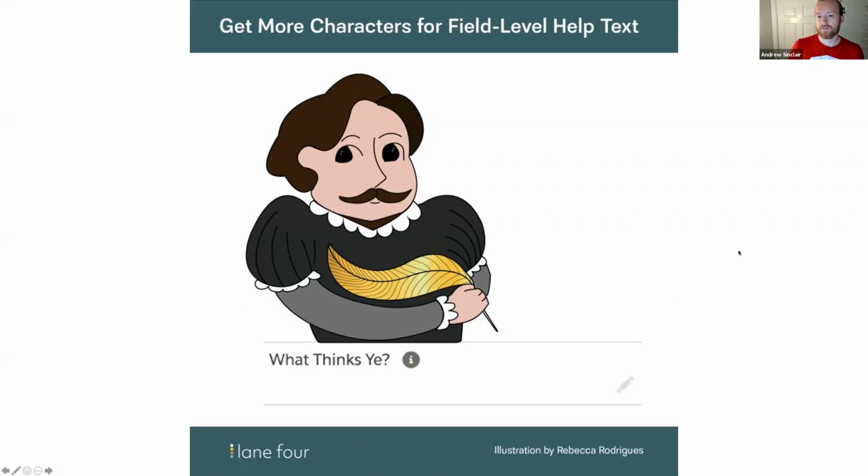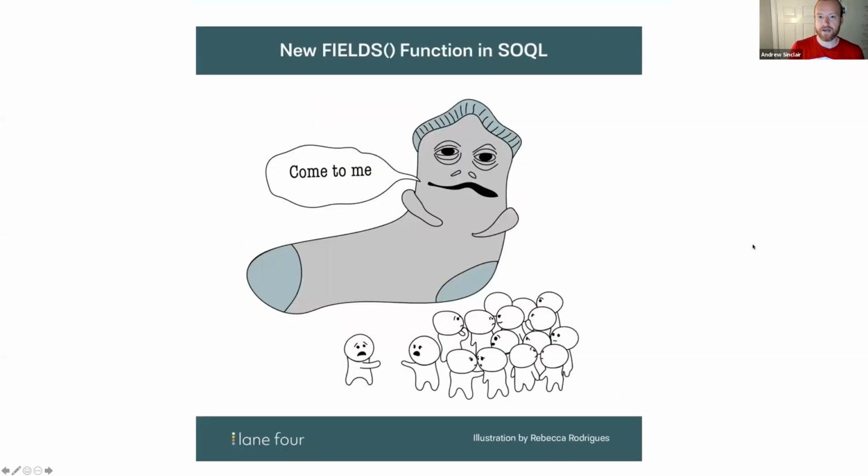This one's kind of cool. Salesforce continues to platformize things. We have this nice little FIELDS function in SOQL. So if somebody asks you, for example, give me a field list, you can go to Workbench, throw FIELDS in a call, select fields from object, and boom, here's a giant field list of that object.